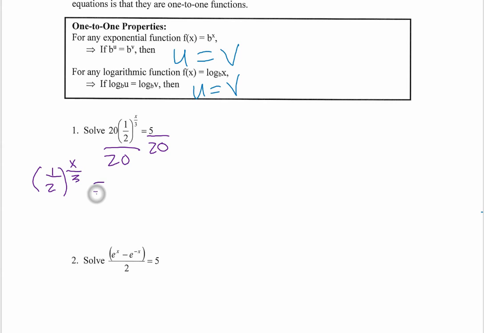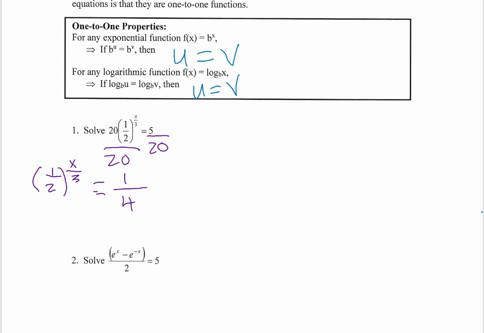And on my other side, you want to keep this as a fraction. Putting this in decimal form is not going to help you solve it, so please be careful. 5 over 20 does reduce down to 1/4.